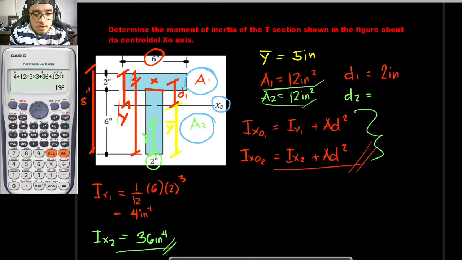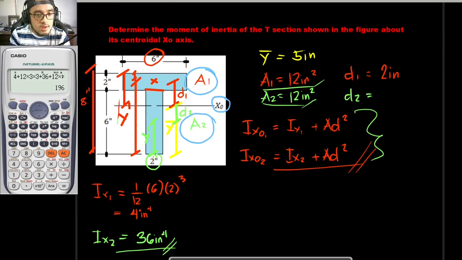And as for D2, the value for your D2 is this one right here. So this is to be the value for your D sub 2. And for your D sub 2, since the distance of your barred y is to be 5, so 5 minus the half of 6.